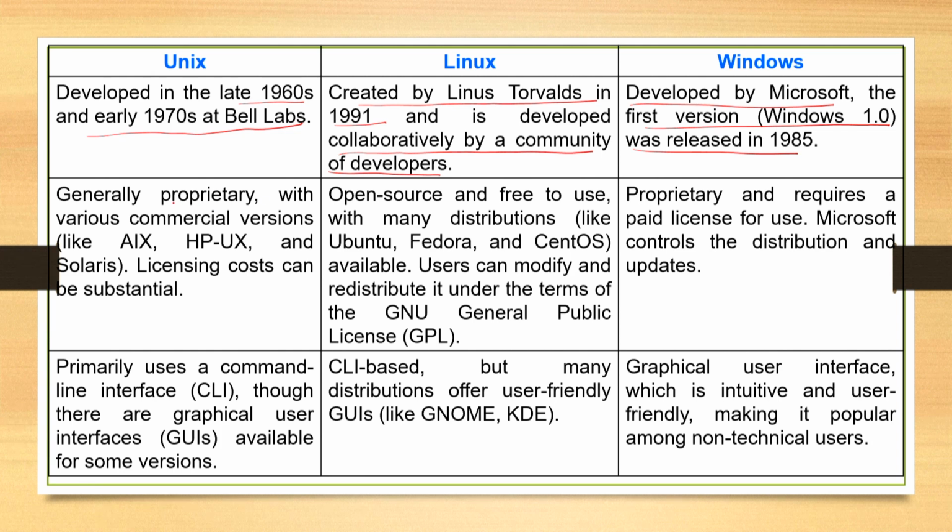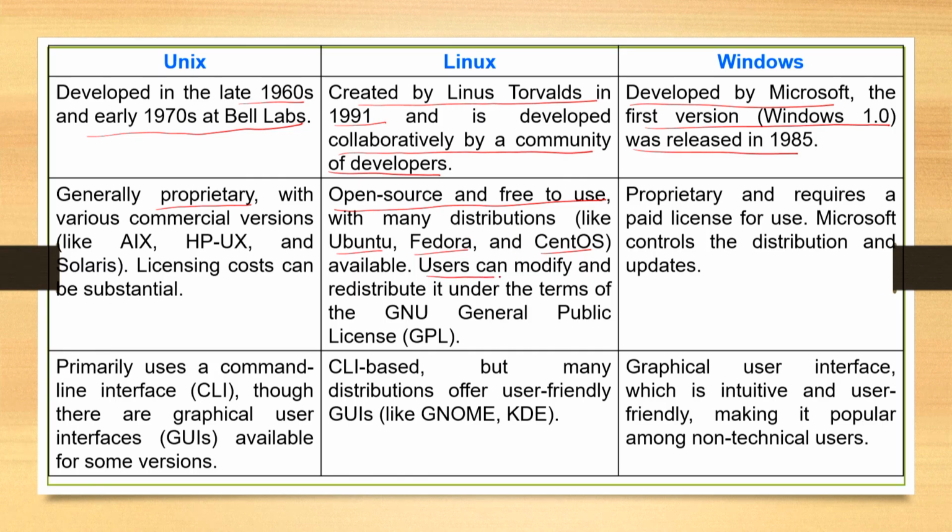Unix is generally proprietary, meaning it is licensed, that's why you have to pay for a Unix operating system, whereas Linux is open source and free to use. You may have Ubuntu, Fedora, CentOS, these are open source Linux operating systems.